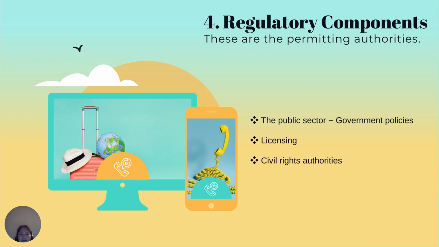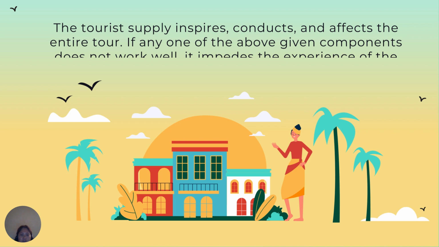And as visitors or tourists, it is up to us also to follow all the rules and regulations, but of course it is mandated, so we need to follow. We have also the different licensing for the businesses. Of course, they need to be licensed. They have the civil rights authorities and the NGO. So these are the regulatory components that need permission or certification from the authorities.